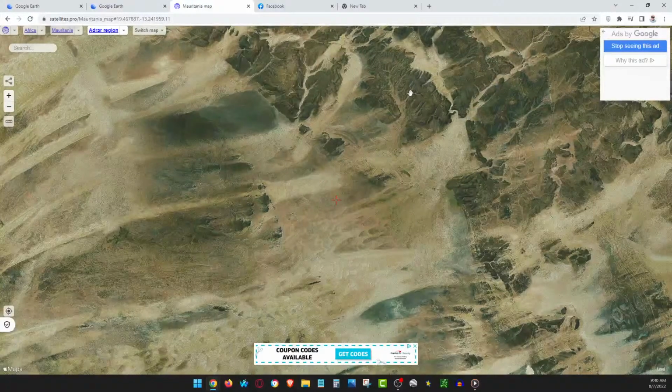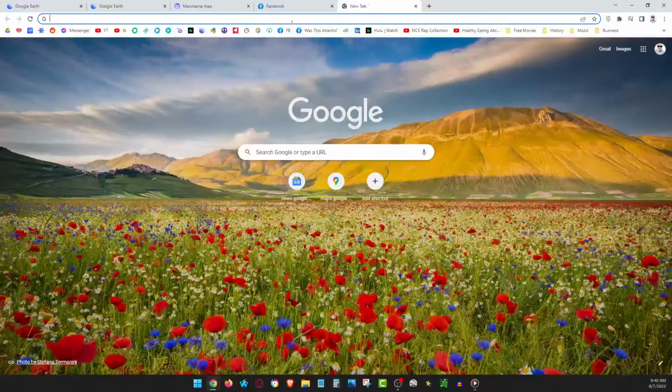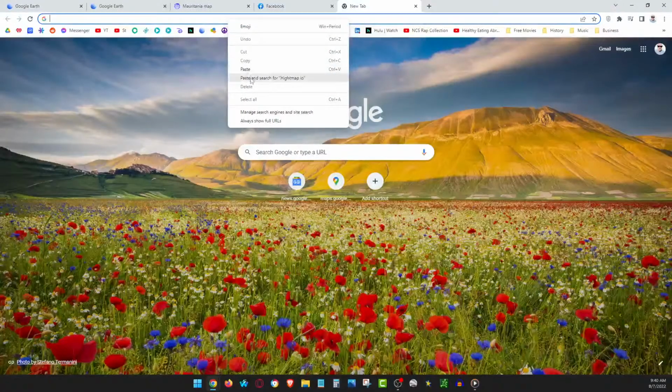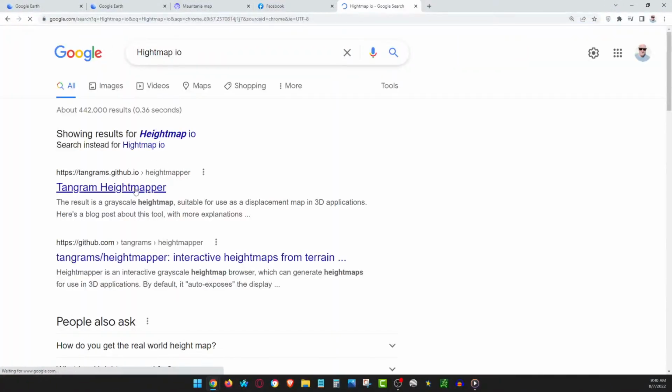Heightmap.io will take you to a GitHub page allowing you access to a really good height map generator. I can do a lot of cool things with heightmap. Okay, I'll put that in there. I'm sorry, I'm talking about something you can't see. Let's see if I can find 10grams height mapper.